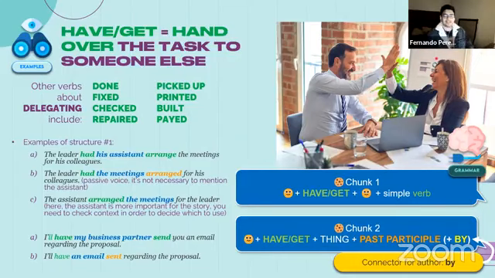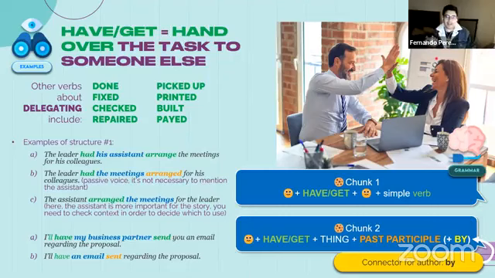Okay, so let's analyze this situation with the assistants. In the first 2 sentences, the leader is the subject. The principal person is the leader, right? And in the third example, we have the person as the assistant. This means that there is a passive situation going on.